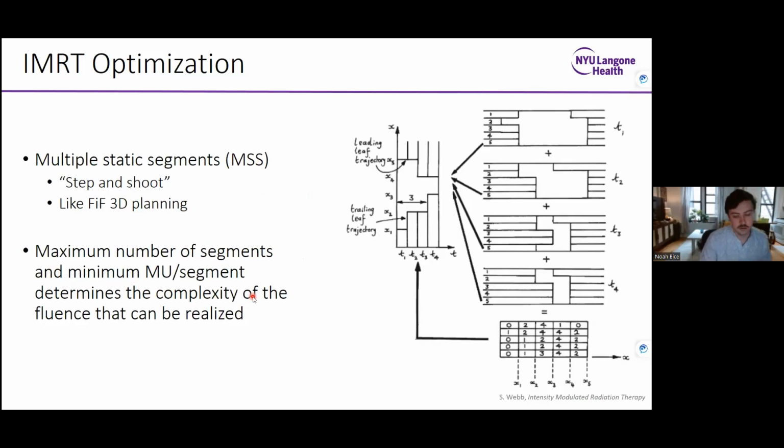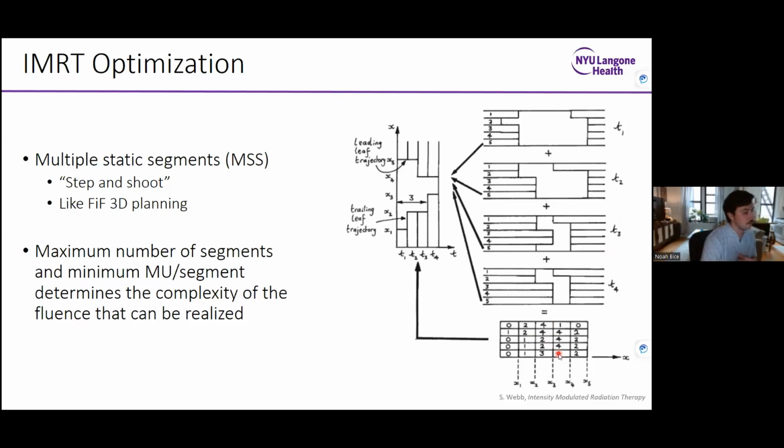So there are two major leaf sequencing algorithms that I want to introduce. The first being multiple static segments or step and shoot IMRT, which is almost equivalent to delivering field in field. It takes this optimized fluence map and breaks it down into intensity levels and tries to come up with some combination of 2D apertures that can be delivered sequentially to deliver your optimized fluence map.